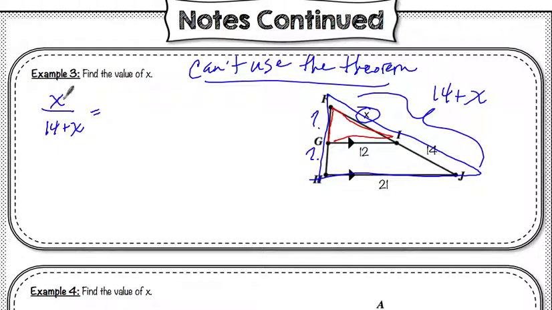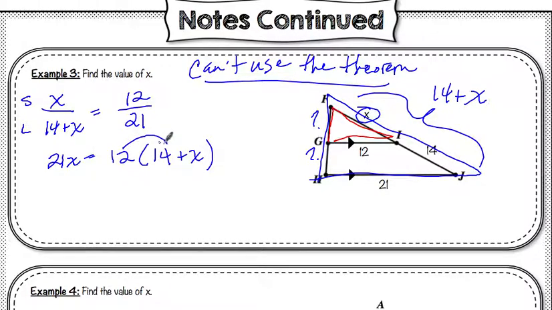So on the numerator, I'm talking about the small triangle. On the denominator, I'm talking about the large triangle. Over here, the small triangle, the bottom of it is 12. The large triangle, the bottom piece here is 21. So that's how I set it up. Then I do 21 times x, and I do 12 times 14 plus x. And this part requires some distributive property.